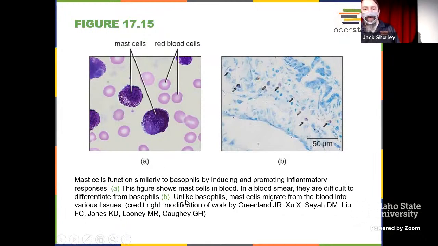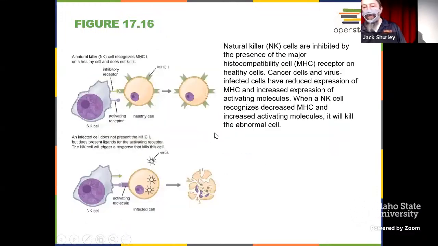They do appear very similar. But mast cells have the potential to migrate into tissues, and that's what we're seeing here, these mast cells moving into some tissue. The basophils stay within the circulation. So slightly different.